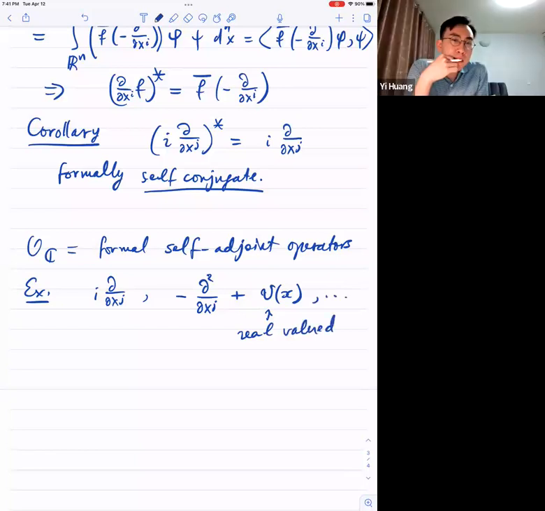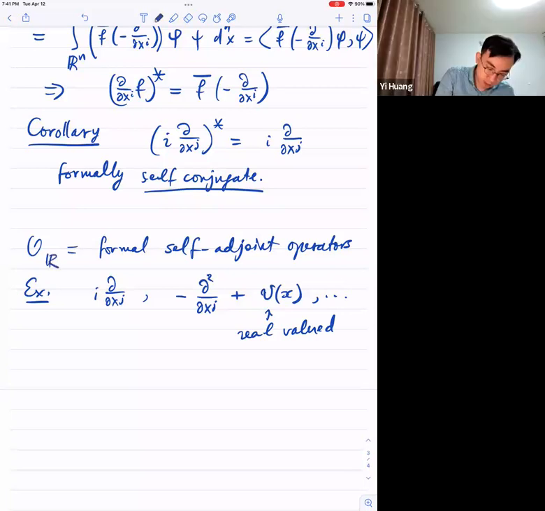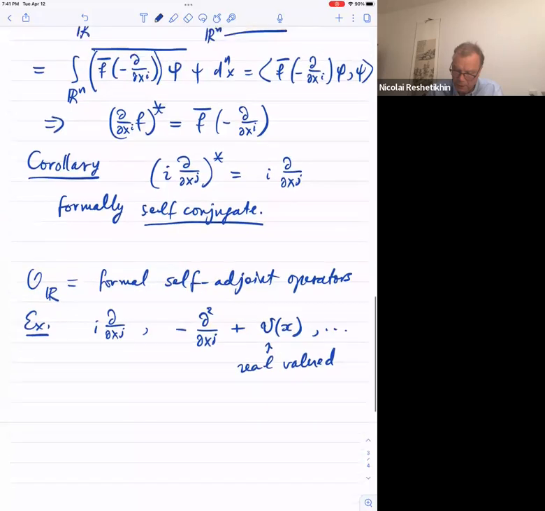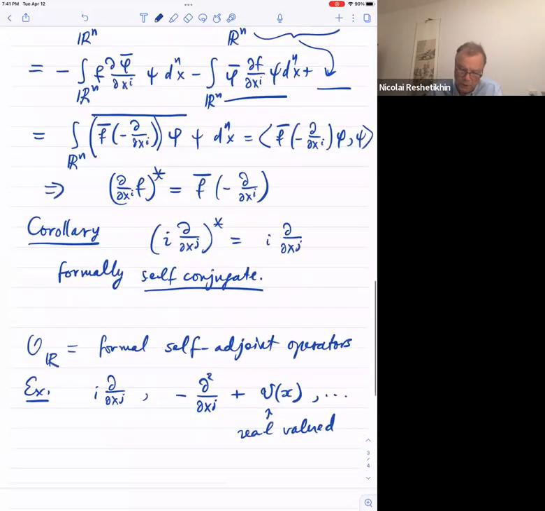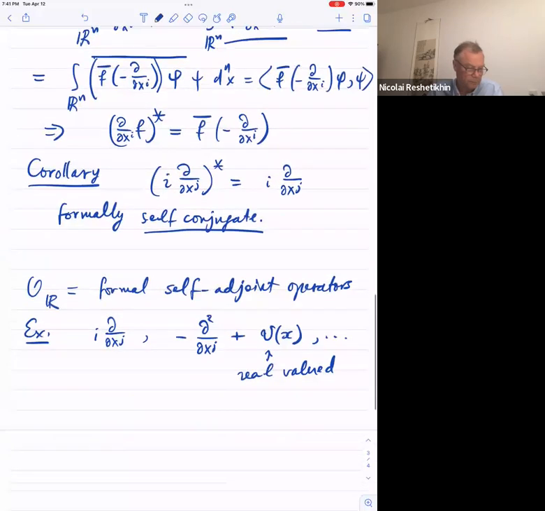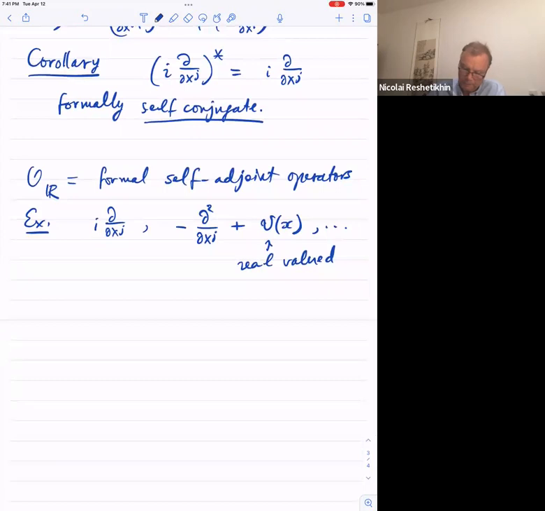And by the way, should this be OR or is it OC? OR, yes, of course. Okay, and I already constructed the Hermitian representation, so this is a second example. Okay, and these will be two basic examples.